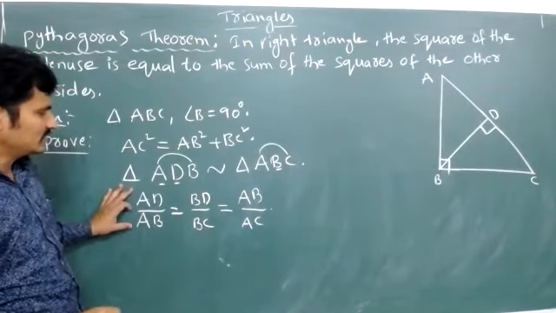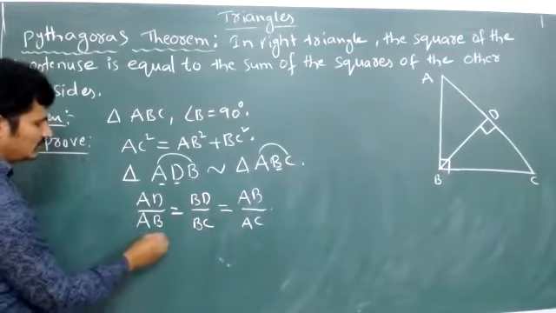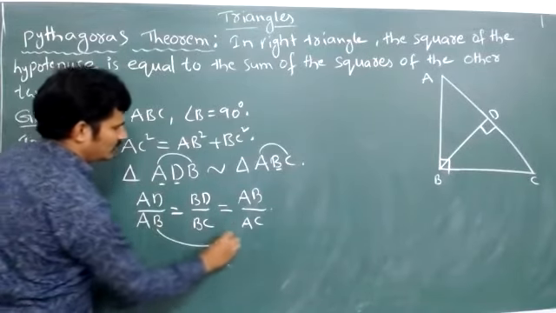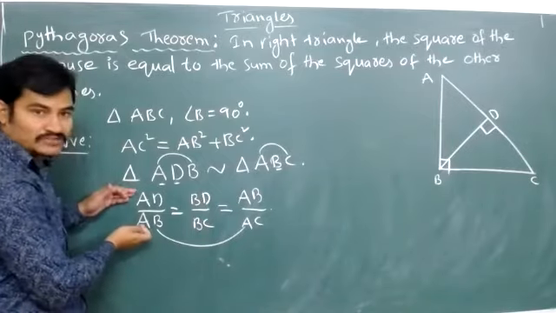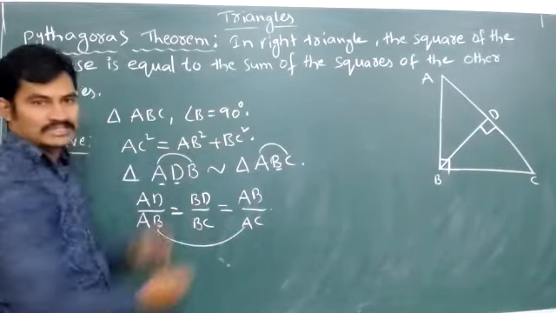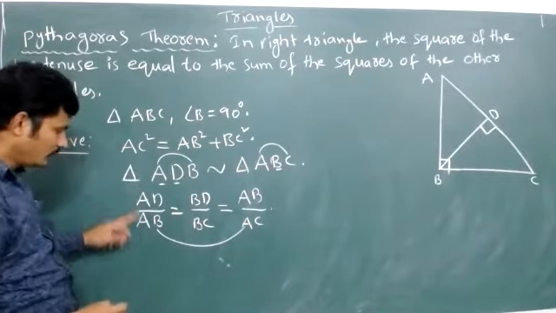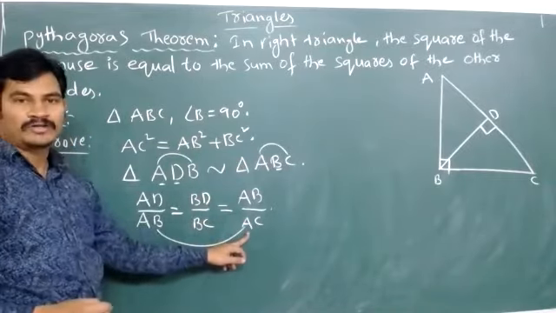If you observe these three ratios, take the first one and the last one and equate them. Then we get AD upon AB is equal to AB upon AC.